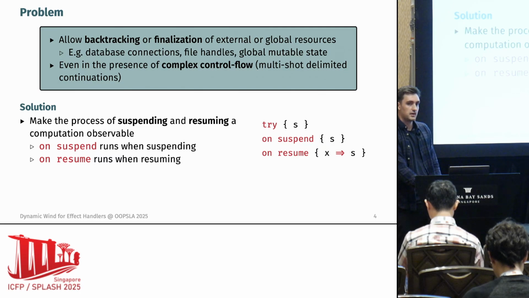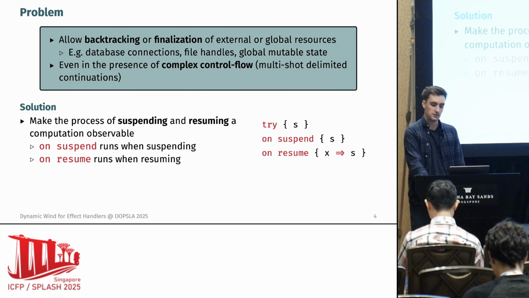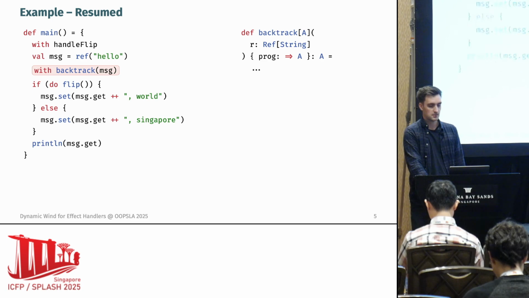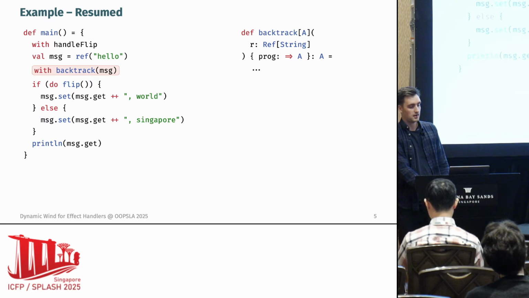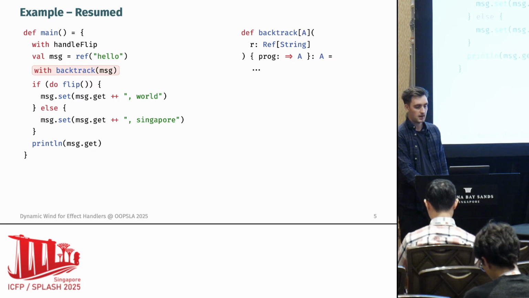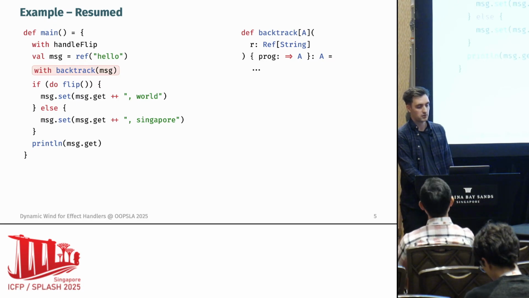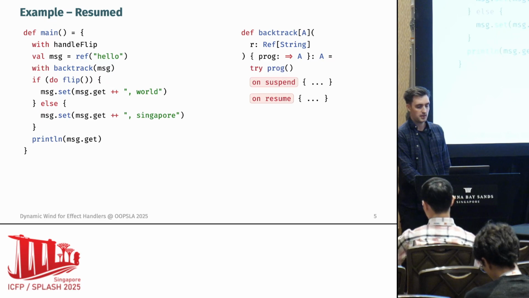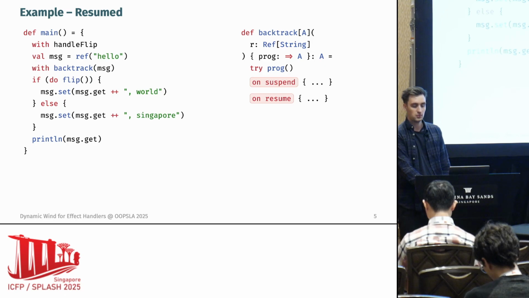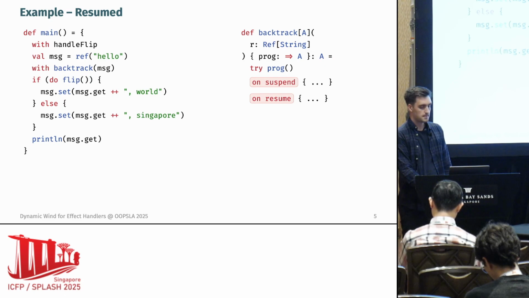And with this in mind, we can go back to the example and try to fix it. So now we are going to define the backtrack function. The backtrack function gets the global mutable reference and also the remainder of the program. In the body, we are going to use this new statement and the new clauses on suspend and on resume. And let's try to fill out the on suspend first.